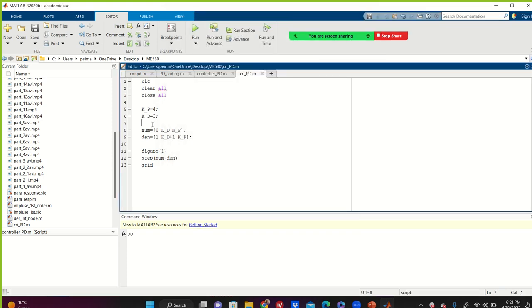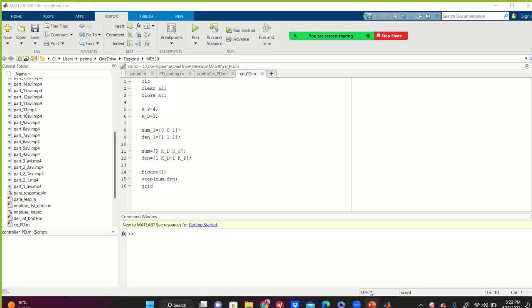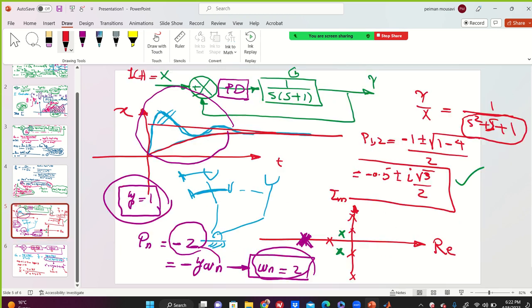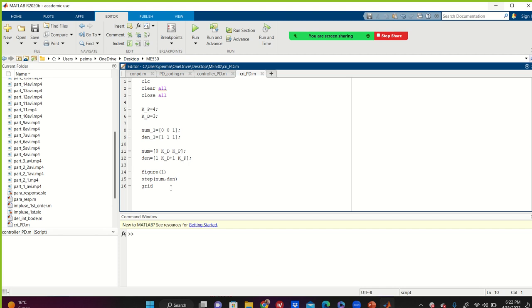Now let me compare this, bear with me, with the uncontrolled system. Remember this? Hold on, guys. Remember this? See? 1, 1, 1. That's the uncontrolled system. So if I say hold on, step num1 and den1.